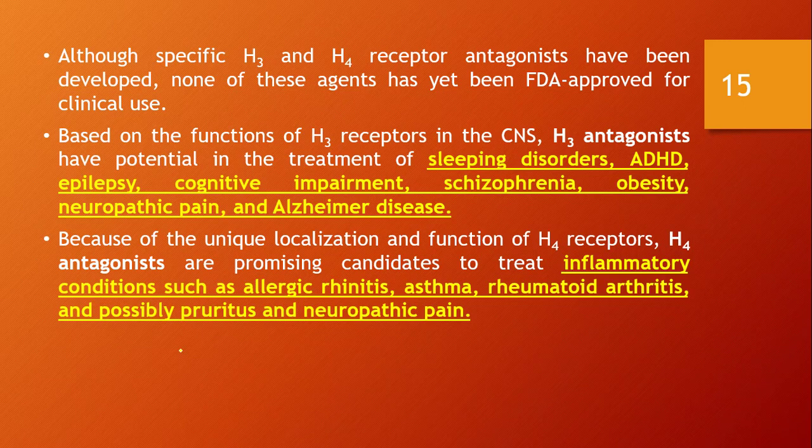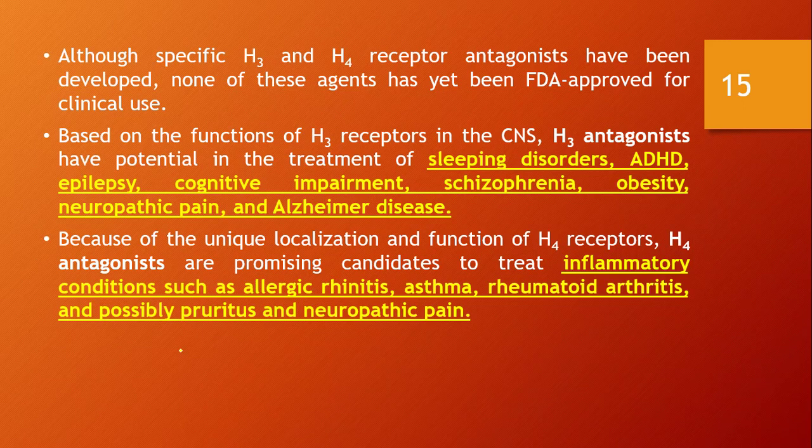Okay, so based on the functions of the H3 receptors in the CNS, H3 antagonists have potential in the treatment of sleeping disorders, then ADHD, epilepsy, cognitive impairment, schizophrenia, obesity, neuropathic pain, and Alzheimer's disease.